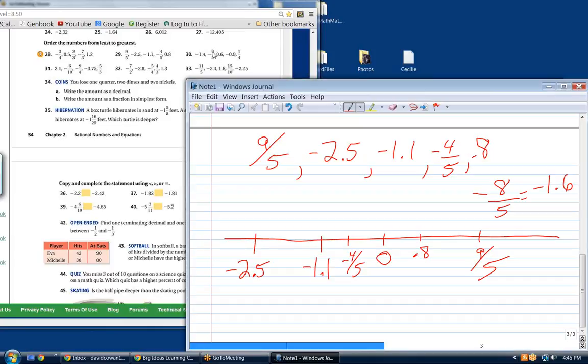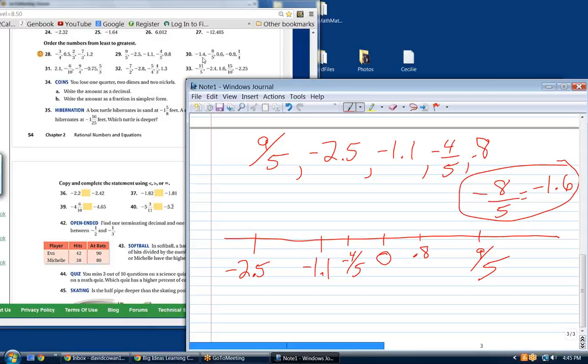In other words, until you convert these to the same thing, you can't really compare them very well. So we can either convert this to fractions or convert this to decimal. And since we have decimals here, if we convert everything to decimals, then we'll be able to line them up real easily. So the far left is negative 1.6, or negative 8/5.